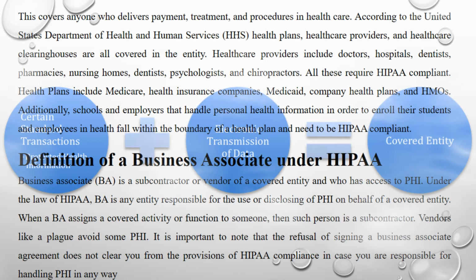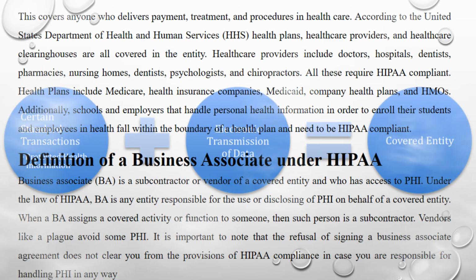This covers anyone who delivers payment, treatment, and procedures in healthcare. According to the United States Department of Health and Human Services (HHS), health plans, healthcare providers, and healthcare clearinghouses are all covered entities. Healthcare providers include doctors, hospitals, dentists, pharmacies, nursing homes, psychologists, and chiropractors.